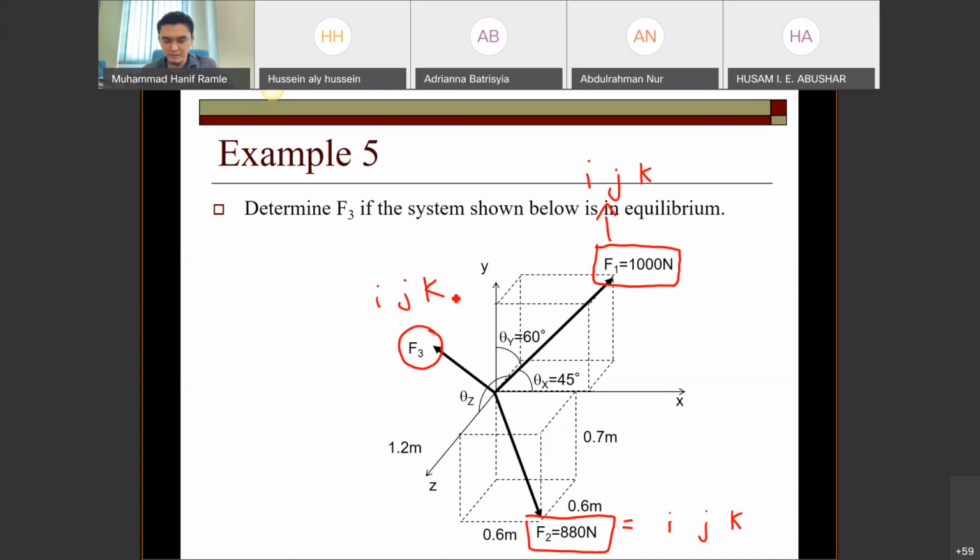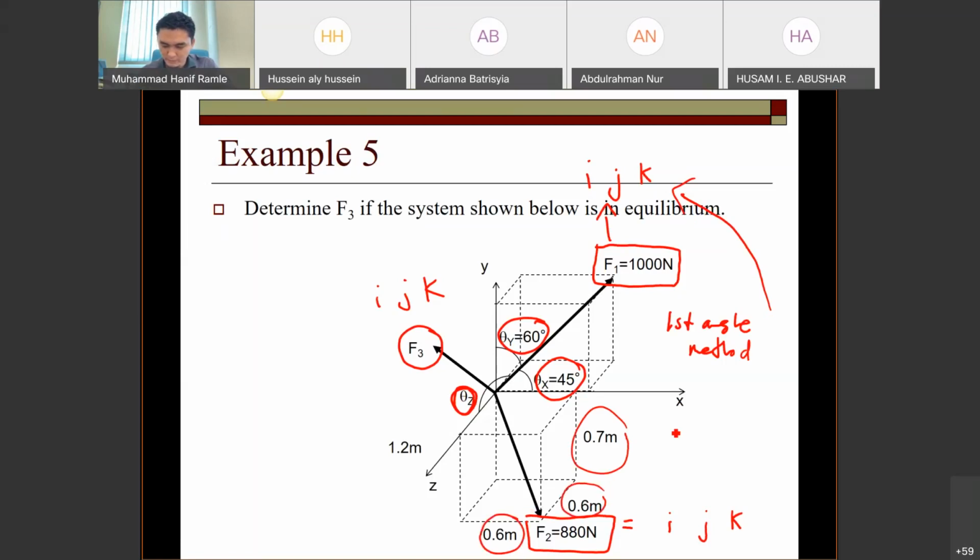So the first force, since you have this angle and this unknown angle, you can use the first angle method to get the IJK form. And the second force, you have this value, you have to use the third method, which is the coordinate method, to get this IJK form.